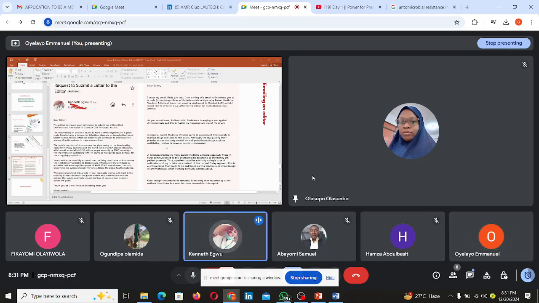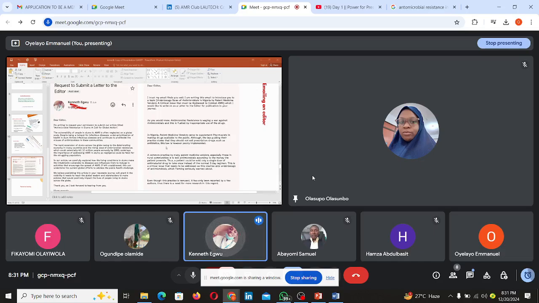Exactly. So of these two journals, the first one here is Public Health Challenges journal. For letters to the editor, it is free, so they will publish it for free for you.